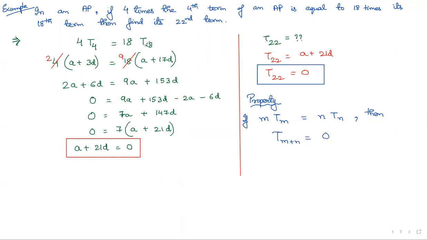Look into this. M is over here 4, so 4 times the T of 4 is equal to 18 times, that is N, T of 18, that is Tn. Now, what is 18 plus 4? 22. So what is T22? 0. This is what I can conclude from the AP property.